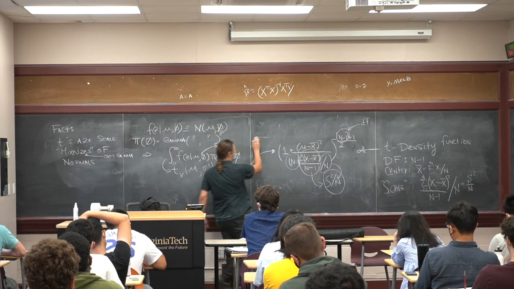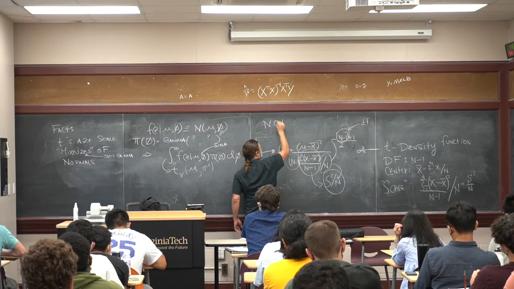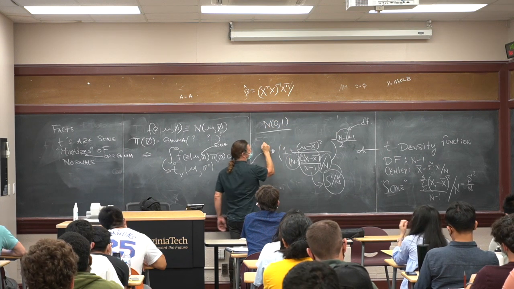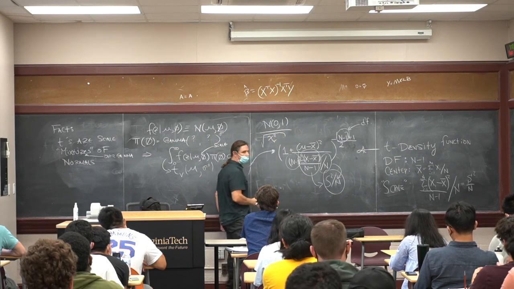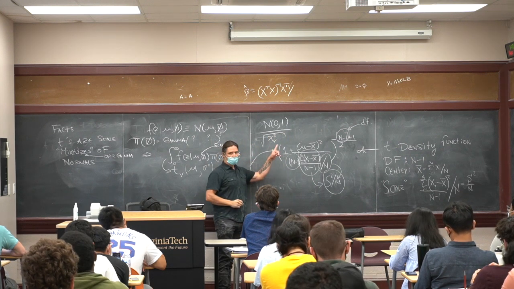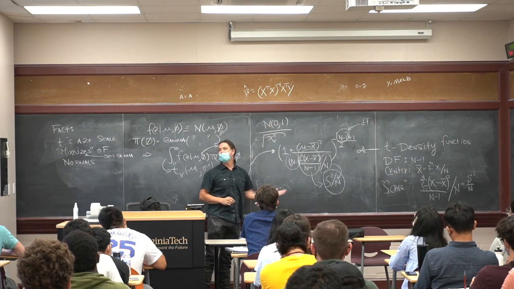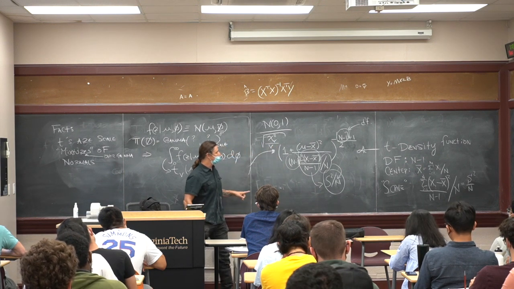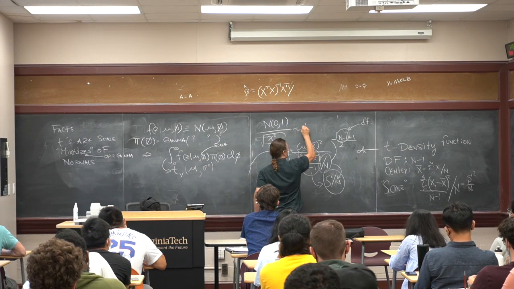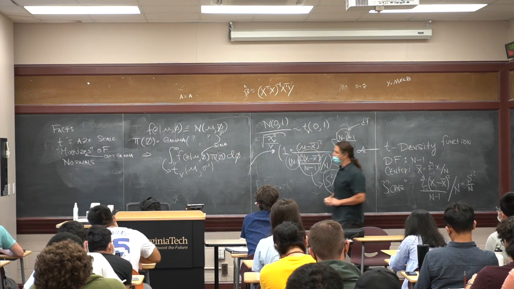So I'll write that down. You have a normal 0, 1, and I divide by a chi-squared with new degrees of freedom. This is 0, 1, so I've already taken out the scale parameter, and I divide by my scale parameter right here. This is a t, 0, 1 with new degrees of freedom.